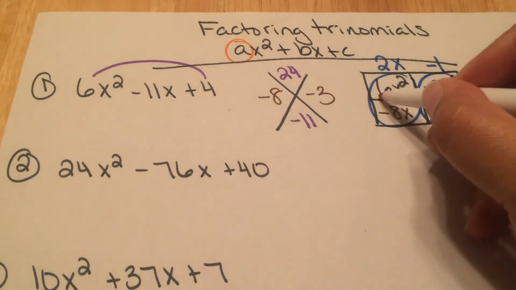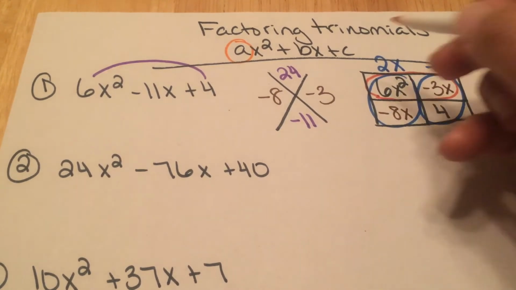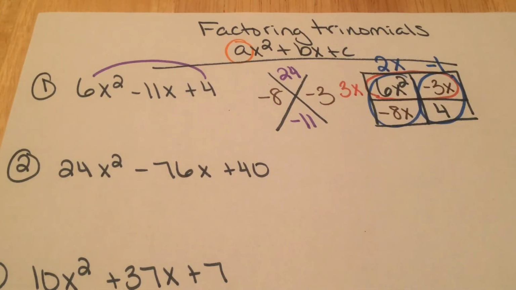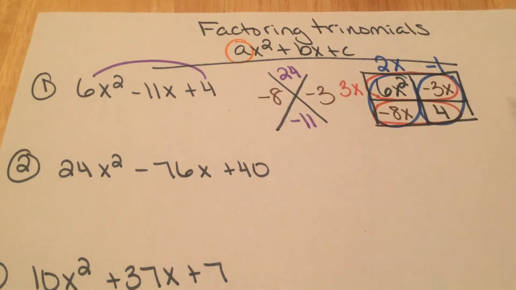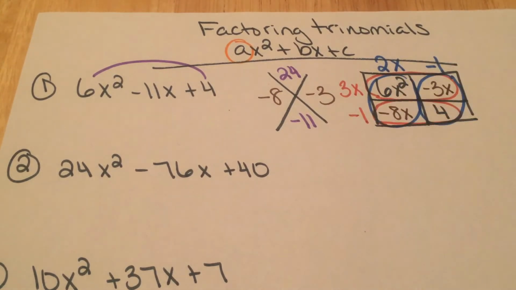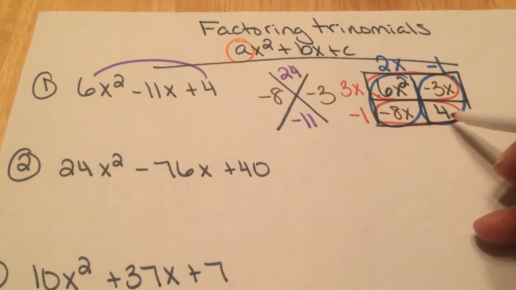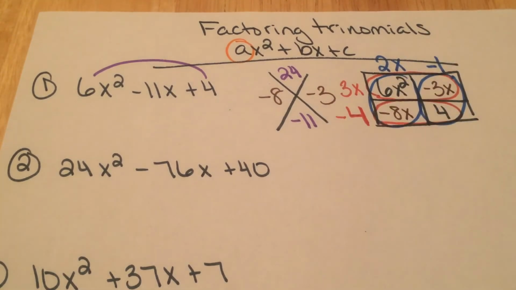Okay, now let's find our GCF. 6x squared and negative 3x have 3x in common, and negative 8x and 4 have a negative 4 in common. Sorry about that.